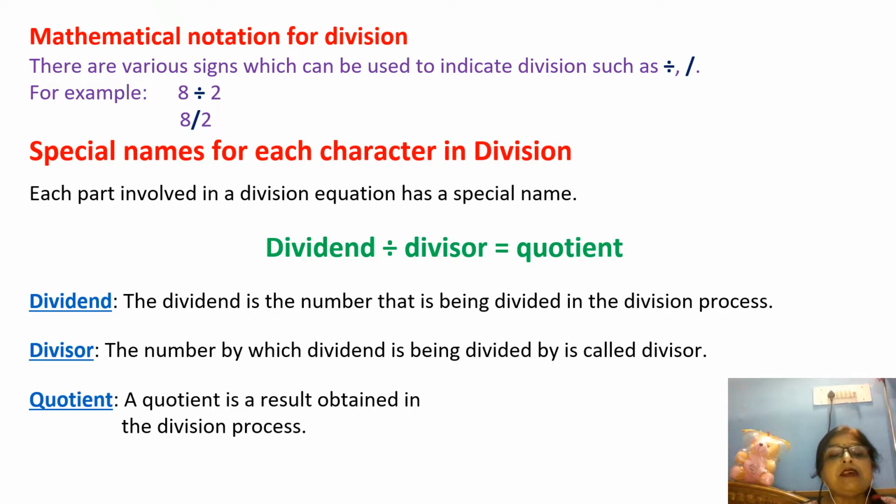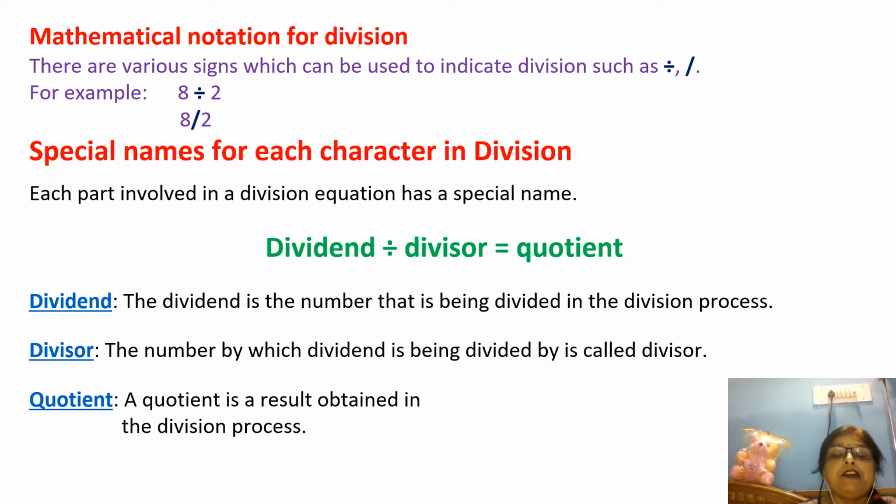Now the special names for each character in division. There are 3 characters in division and each has a special name. The first one is the dividend, next is the divisor, and the last is the quotient. Now the question is, what is the dividend? The dividend is the number that is being divided in the division process.